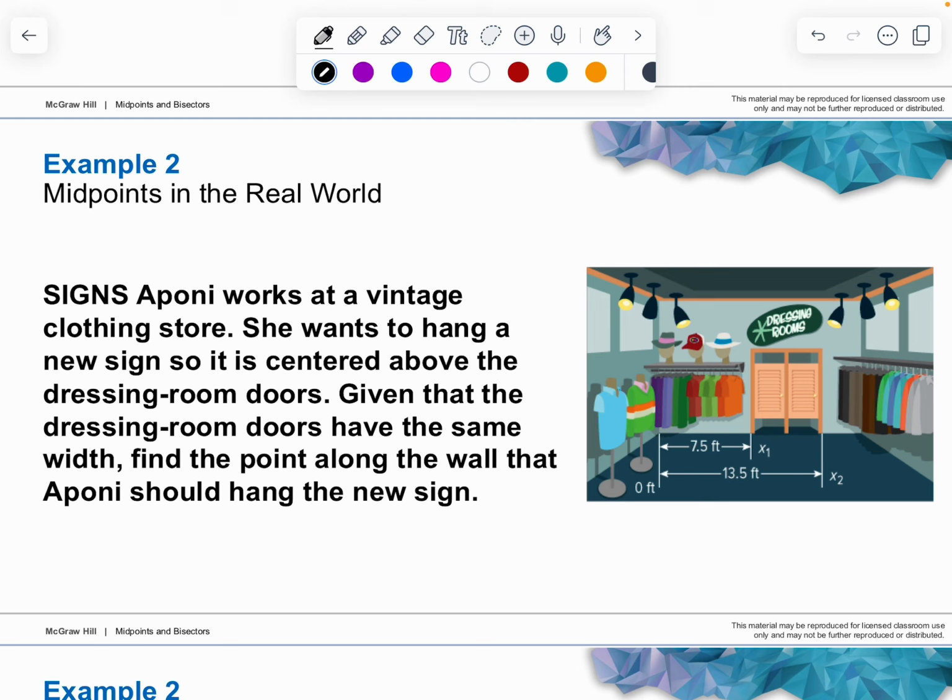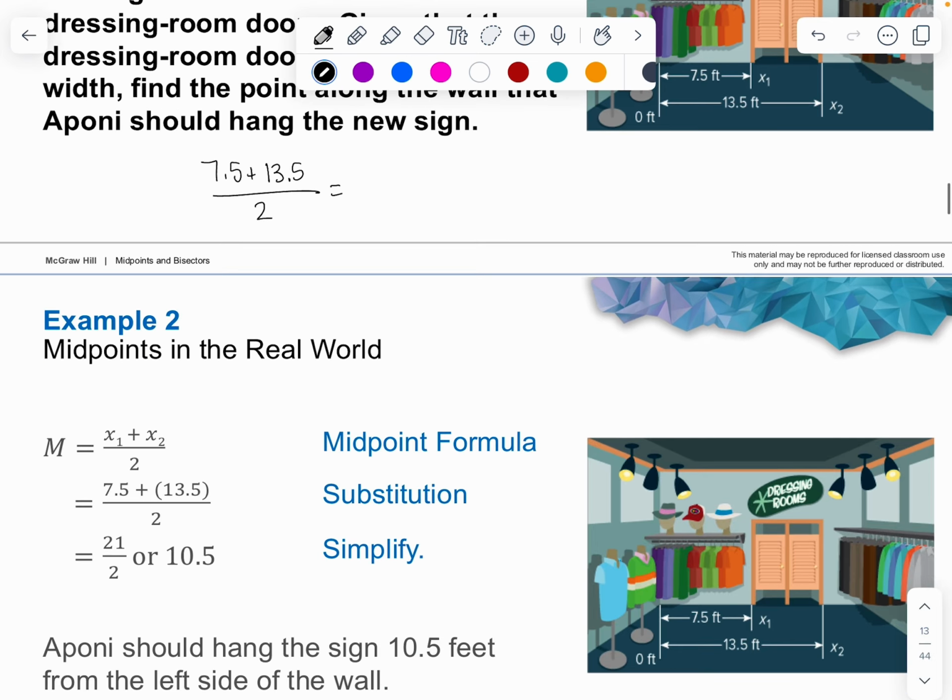She measured that one side is 7.5 feet from the walls and the other side is 13.5 feet from the walls. And that would be then 7.5 plus 13.5, all divided by 2. And when you do that, you get 21 divided by 2, which is 10.5.